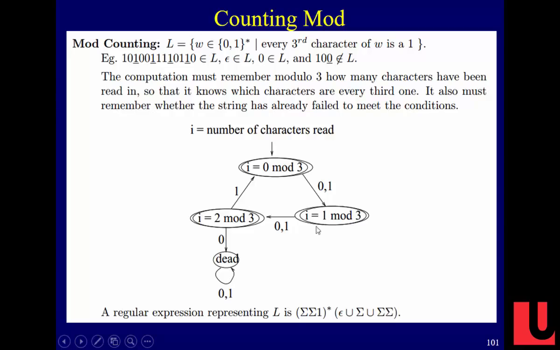And then I get a 0 or 1 that tells me I'm on an underline. And then I'm on an after underline, before an underline, underline, and I go around and around. When you're in a state, you read a character, you follow the edge corresponding to that character, and now I'm in another state. So you go around and around. And then if you're ever in this state where it's an underline and you get a 0, then that's bad. And so you go down here and you'll be dead forever.